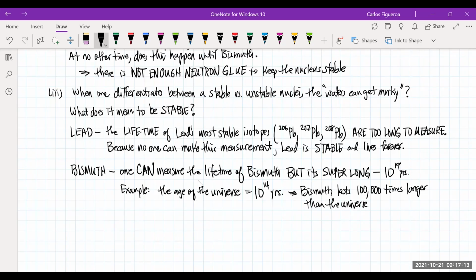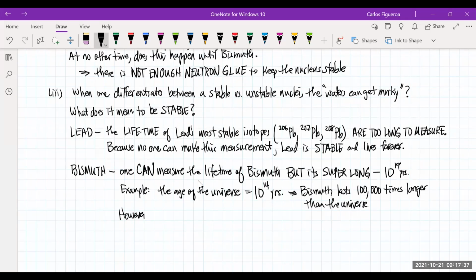I'm going like, you're kidding. How can you say that bismuth is unstable? It's 100,000 times longer than the age of the universe. But that's not the definition of something that lives forever.